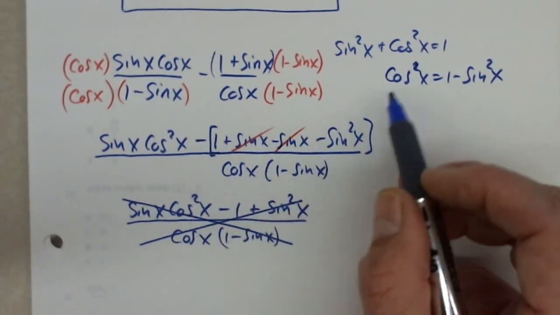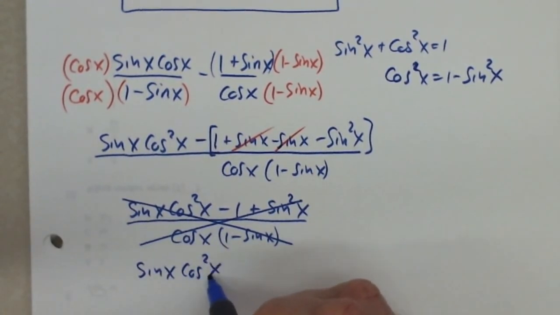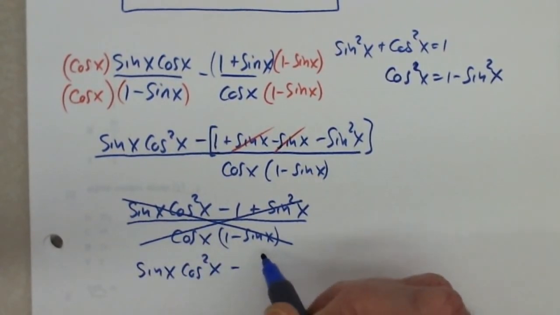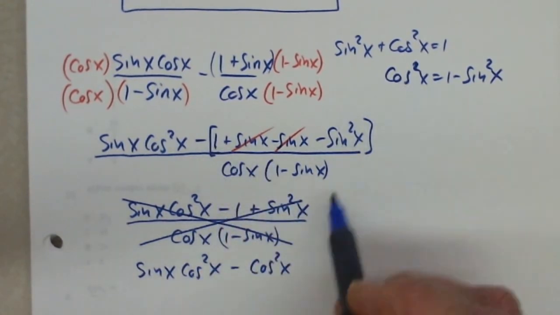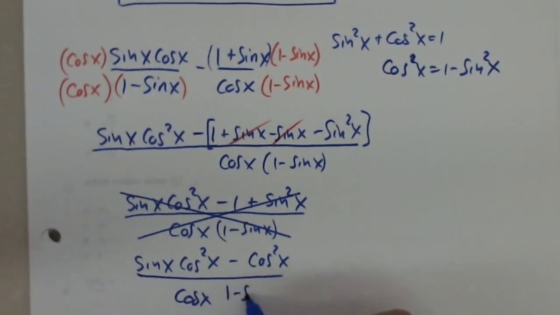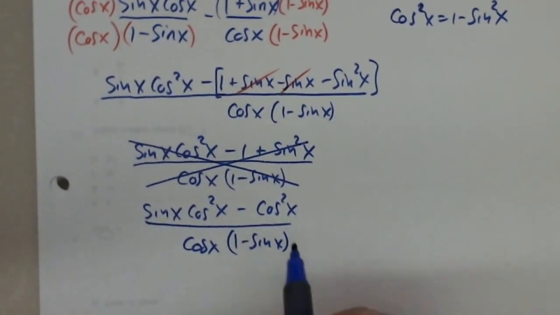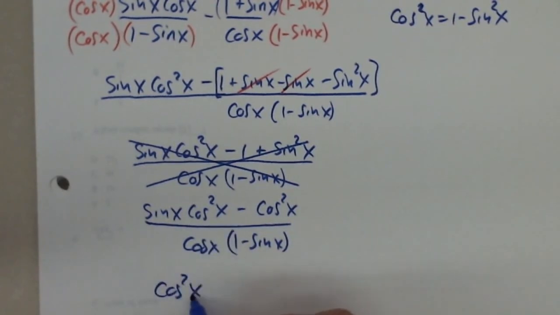The whole thing in here is cosine squared. One minus sine squared is cosine squared. We have the subtraction. And now we can factor out a cosine squared.